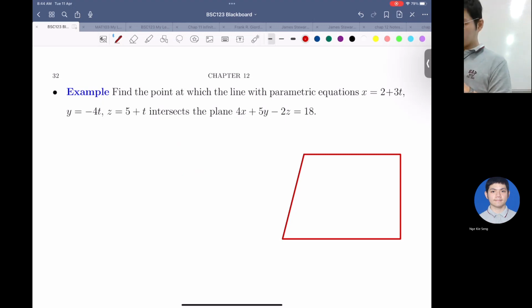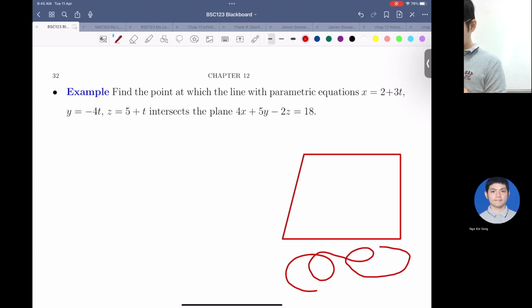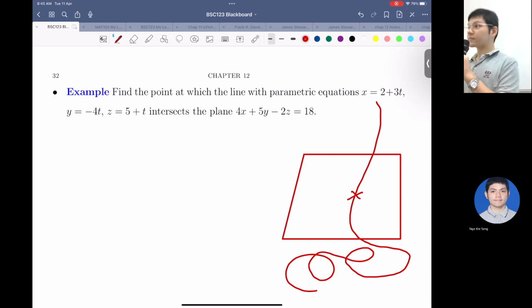So you've got a line that intersects here. I don't know how the line looks, maybe like this, and then you cut through. They cut through at one point. So how to find the point here? Any idea?